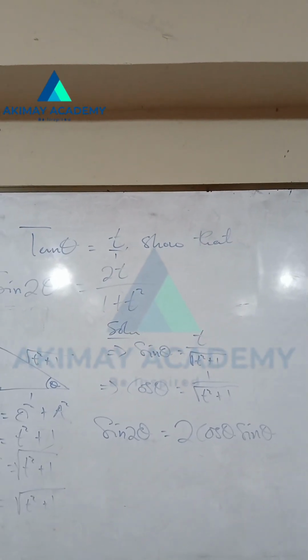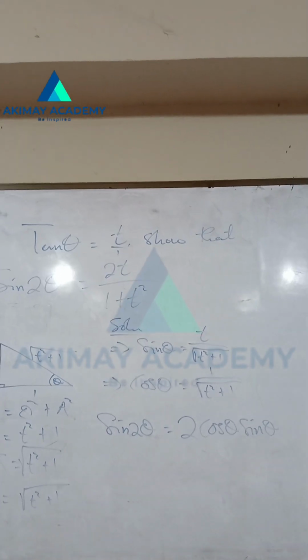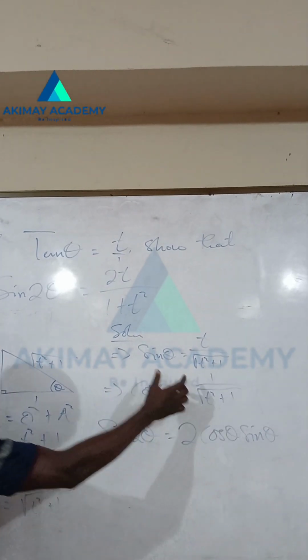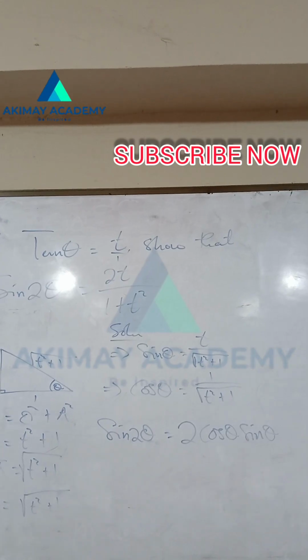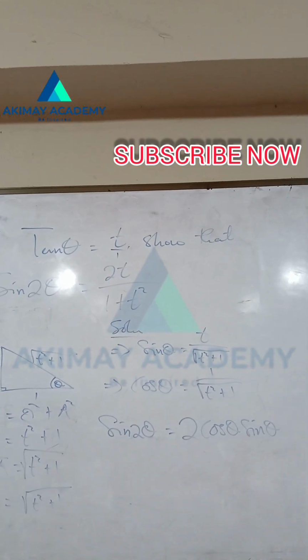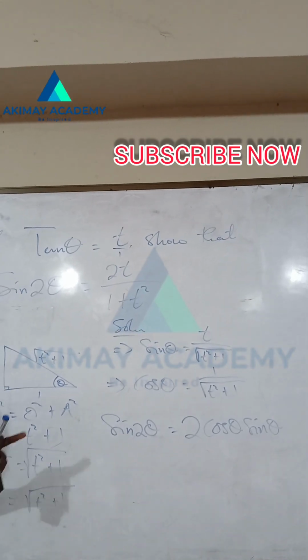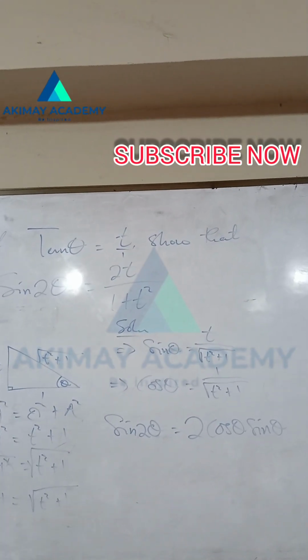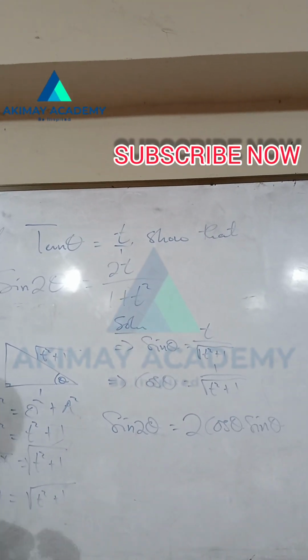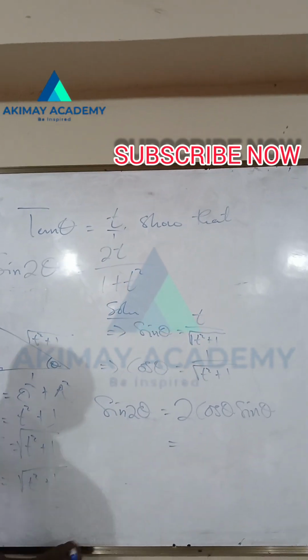Remember. Good. So from here, our cos theta is 1 out of root of t squared plus 1. Then we also know sine theta, which is t out of root of t squared plus 1. Let's do the substitution over here.